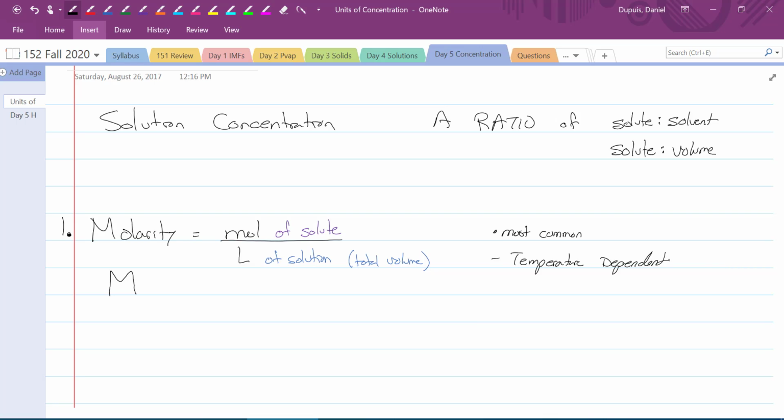Now, it's moles per liter, but it's also millimoles per milliliter. You just divide them both by 1,000.